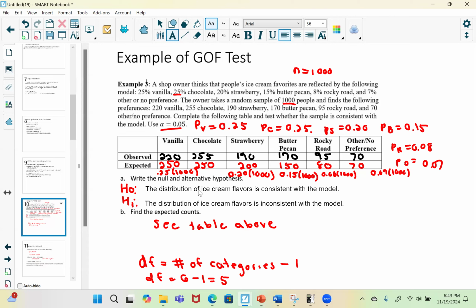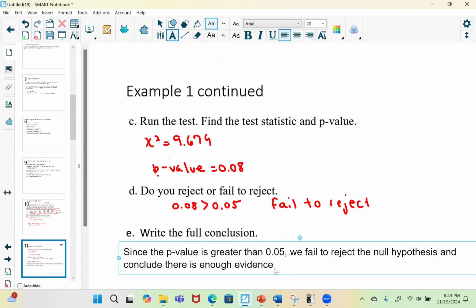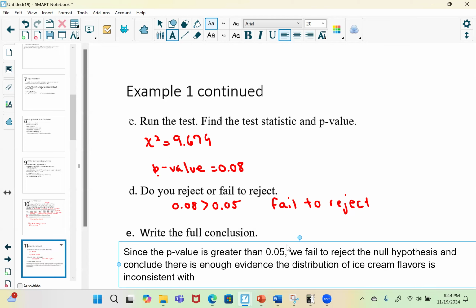And that's the null. And remember, when we talk about the conclusion, we always talk about the alternative, whether there's evidence or not. So because we're not rejecting, we're saying there's not enough evidence, and then we put what the alternative is: the distribution of ice cream flavors is inconsistent with the model. You should always be talking about it being inconsistent with the model when you're doing these problems, because you're looking at the alternative and not the null.